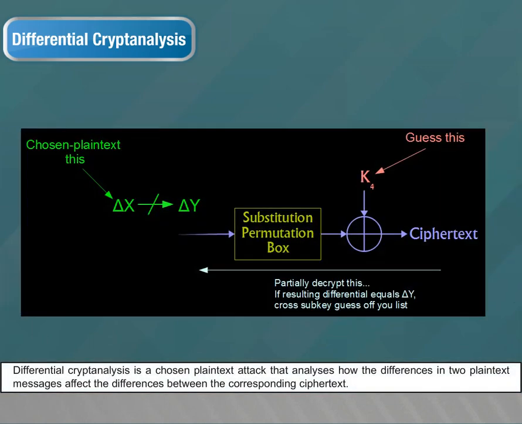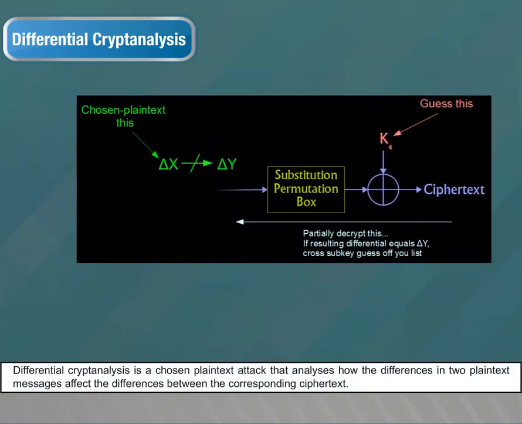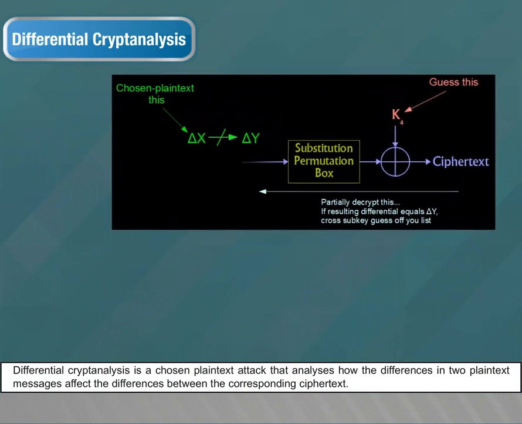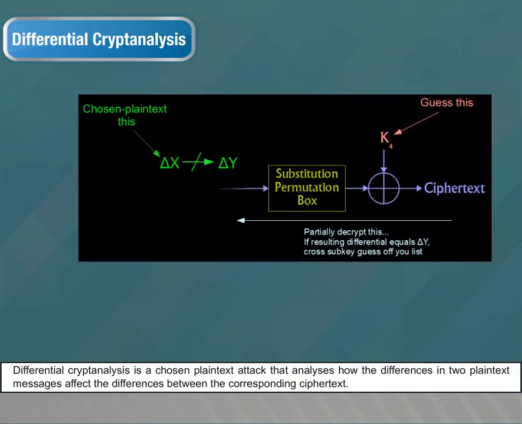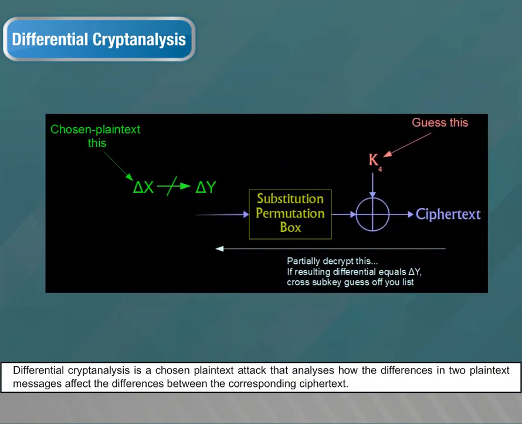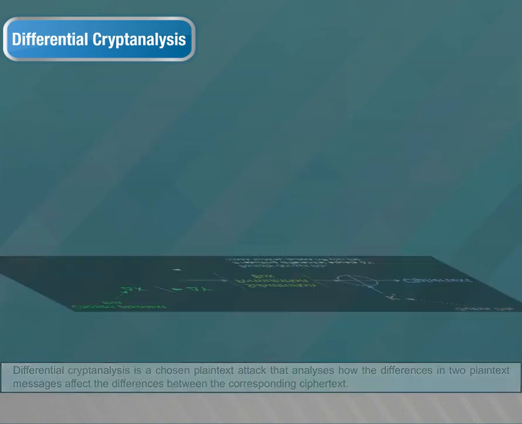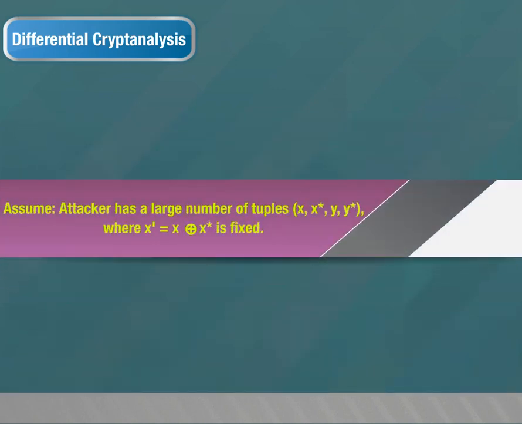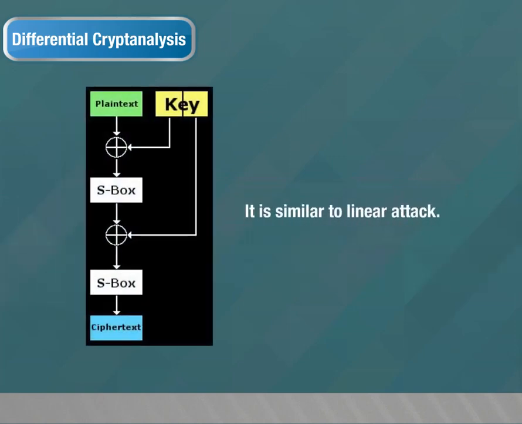Differential cryptanalysis is a chosen plaintext attack that analyzes how the differences in two plaintext messages affect the differences between the corresponding ciphertext. Assume attacker has a large number of tuples X', Y', where X' is equal to X XOR X*, with X' fixed. It is similar to linear attack.